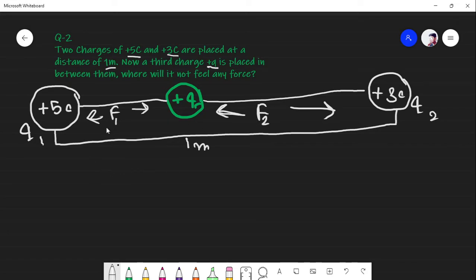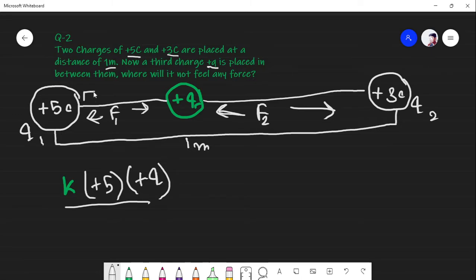So F1 will be equal to K times, here Q1 is +5, K times +5 times plus Q divided by R. So here the whole thing is 1 meter apart. So if this is X meter, then this will be 1 minus X meter, right?